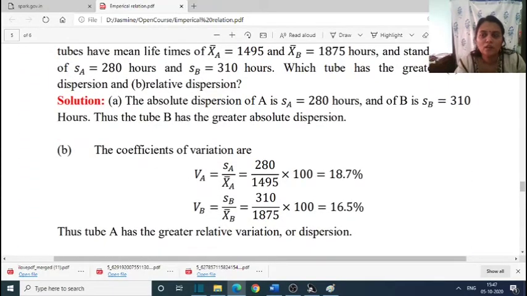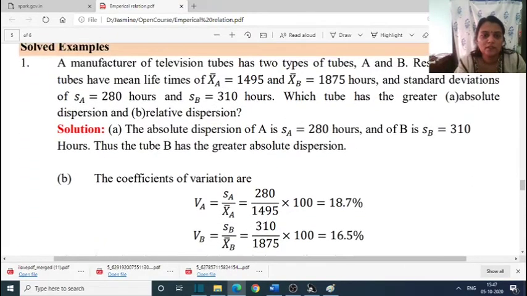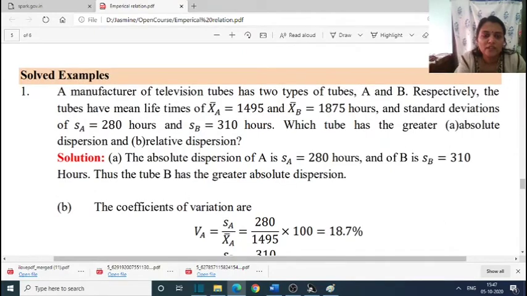Now we have some problems. A manufacturer of television tubes has two types of tubes, A and B respectively. The tubes have mean lifetimes of x bar A equal to 1495 and x bar B equal to 1875 hours, and standard deviations of SA equal to 280 hours and SB equal to 310 hours.